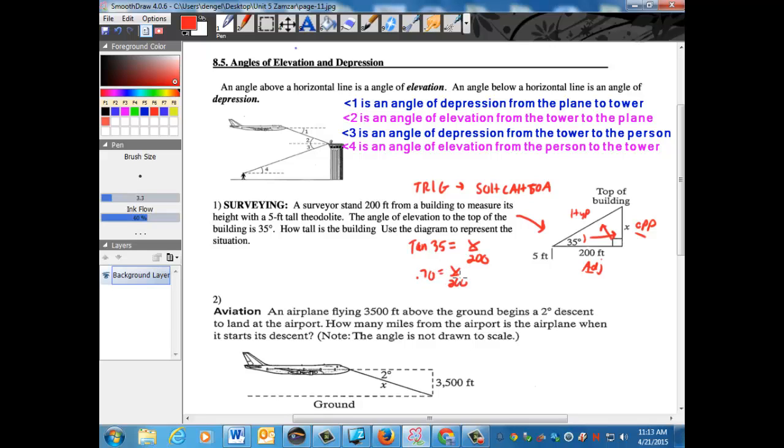Let's cross multiply. We get 140. Alright, so x is 140, but remember we have to add back this 5 feet since we're up 5 feet. So the entire height of this building would be 140 plus 5, or 145 feet.